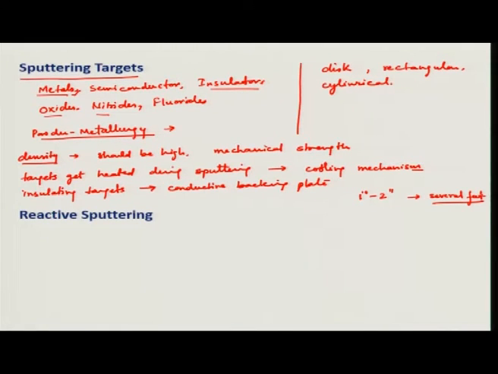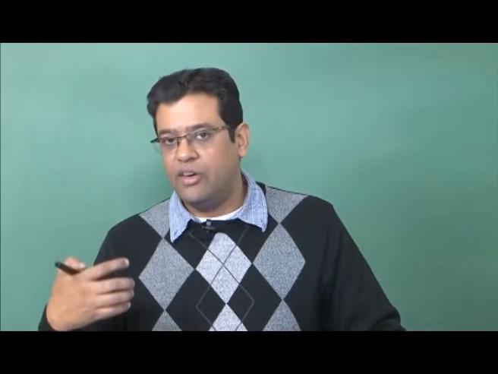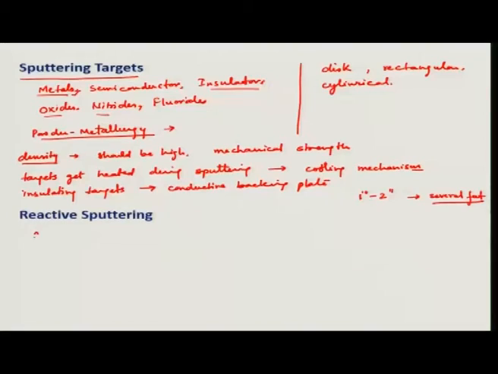Not only that, you can also use reactive sputtering. Suppose for some reason you want to deposit an oxide, and getting the oxide target of that element is not feasible. You can start with a metallic target, like for Al2O3, you can start with aluminum and have oxygen plus maybe argon as your plasma gas.